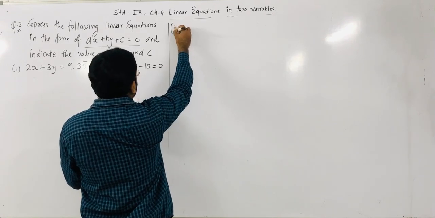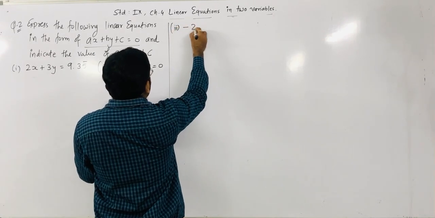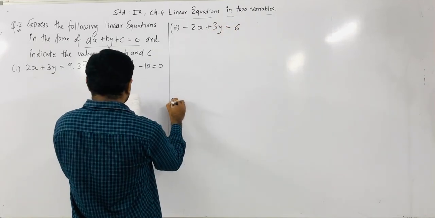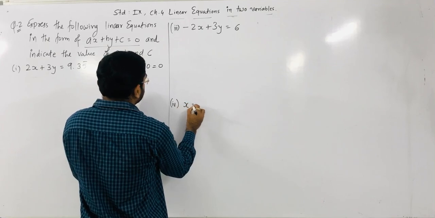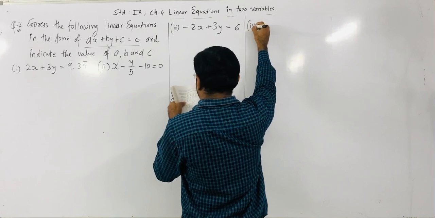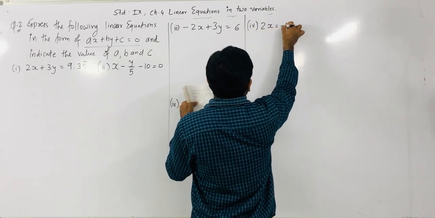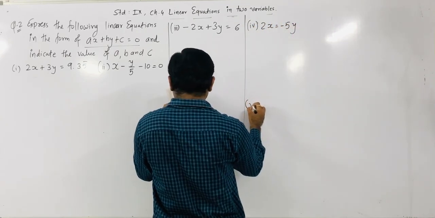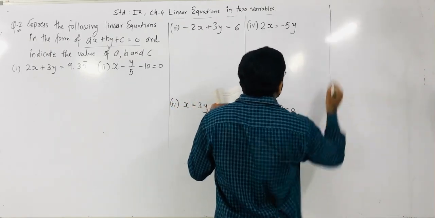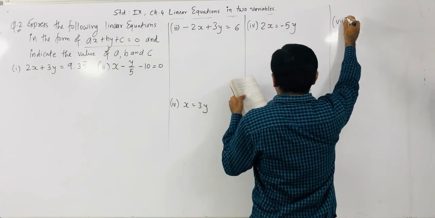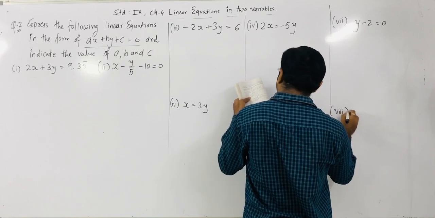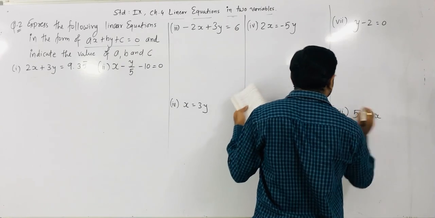Third one, minus 2x plus 3y is equal to 6. Fourth one, x is equal to 3y. Fifth one, 2x is equal to minus 5y. Sixth one, 3x plus 2 is equal to 0. Seventh one, y minus 2 is equal to 0. And the eighth one, 5 is equal to 2x.